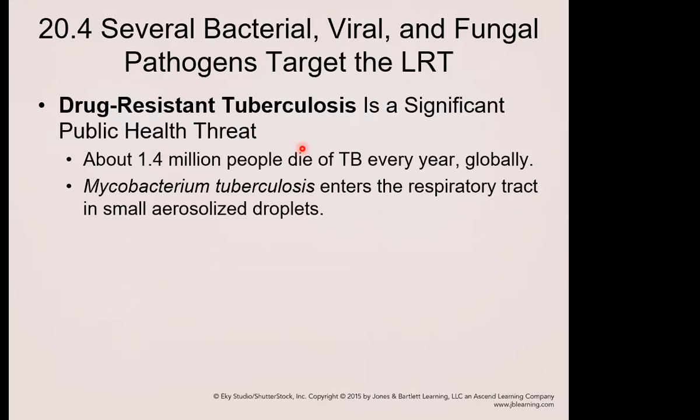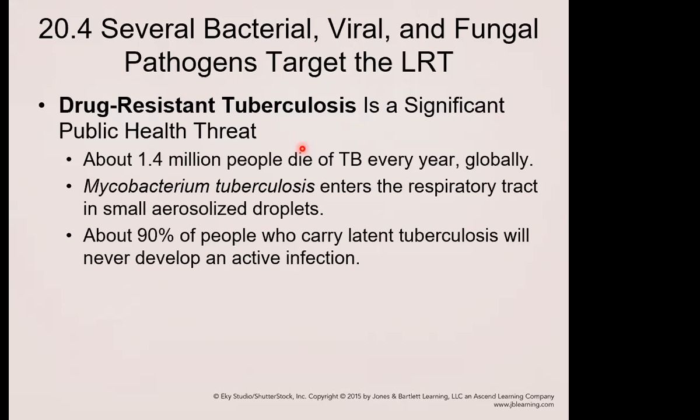About a third of the world is infected with tuberculosis right now. And so this is caused by Mycobacterium tuberculosis. So people who get this infectious agent, this bacterium, inside their respiratory system, 90% don't develop tuberculosis, the disease, but they have the pathogen.